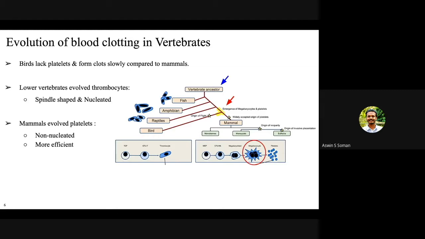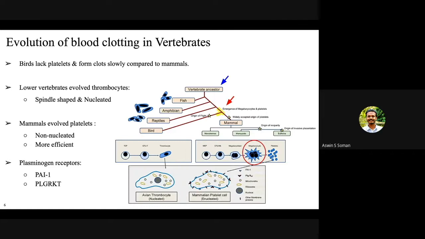And there are various proteins such as plasminogen receptors known to play an important role in hemostasis that are present in these platelets. We have seen the role of PAI1.